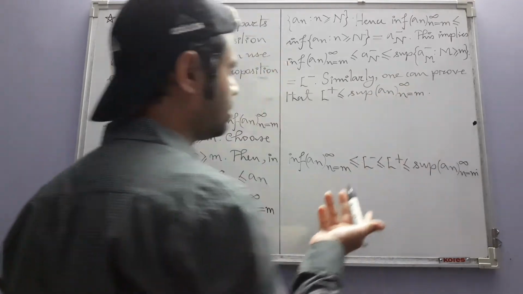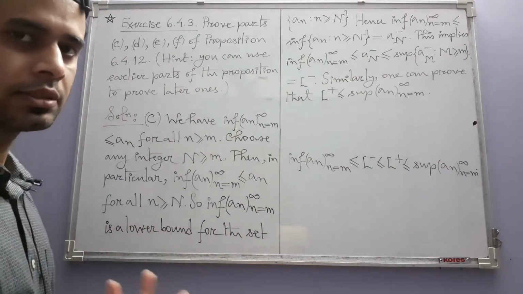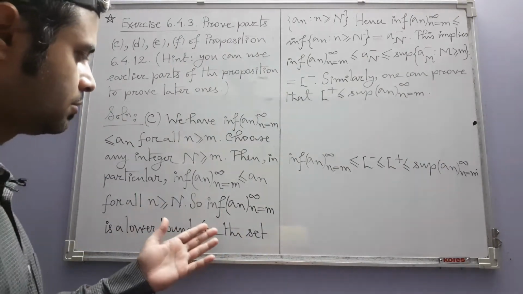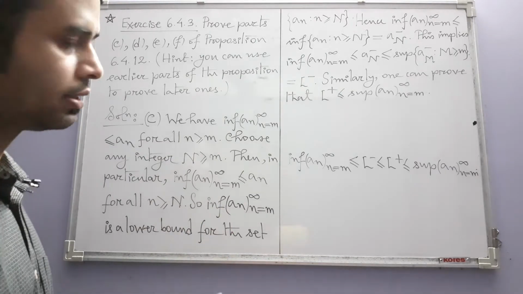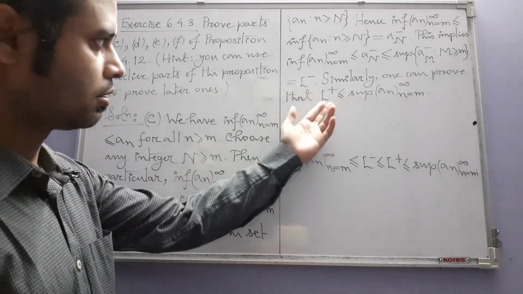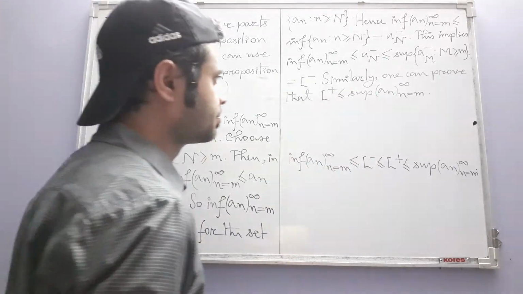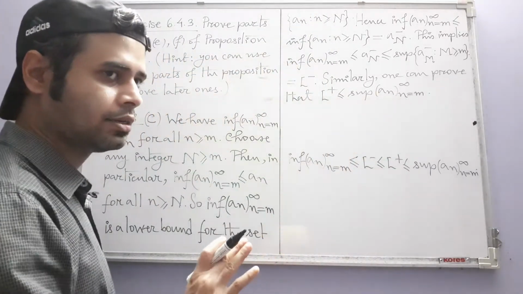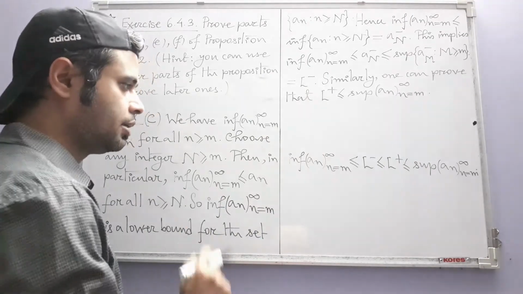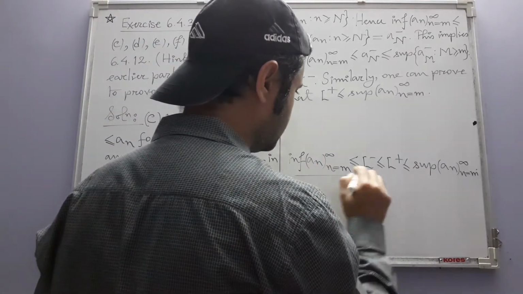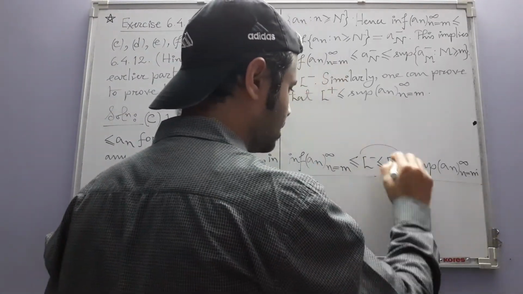You can clearly see that one has to proceed similarly, doing similar things, but for this inequality. So we are not going to say anything more about this second inequality. It follows similar to this one. So now we want the middle one.